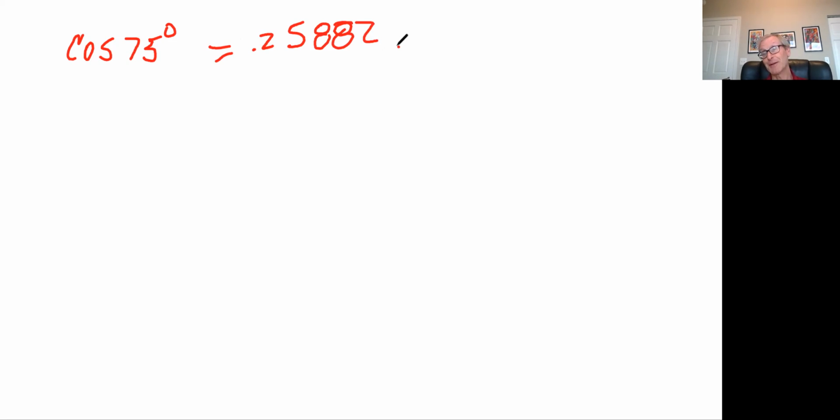And that should be fine in most instances, but this is this theory of using the addition, subtraction, or on the other sheet, the sum and difference formulas to get an exact answer.